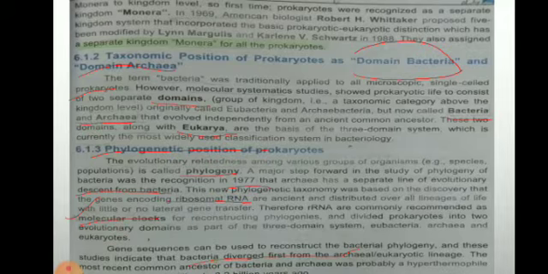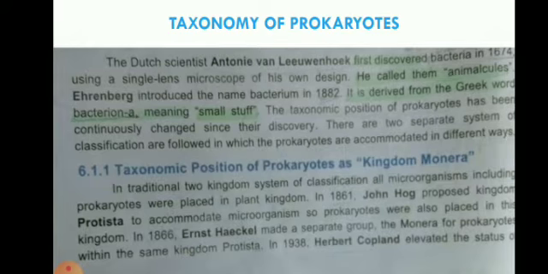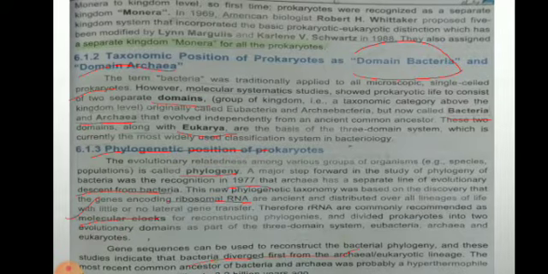But here is the main point: the phylogenetic position of prokaryotes is based on genes encoding ribosomal RNA. That is called the molecular clock. Where the sequences of genes and nucleotides change, the next group is going to be formed.